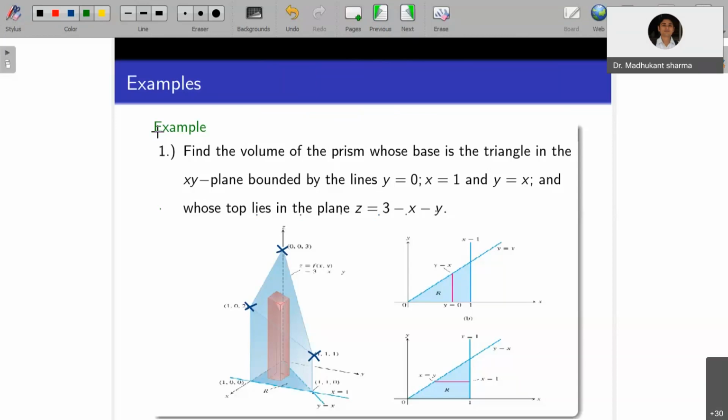We saw how to find the volume of a prism whose base is a triangle bounded by these lines, and whose top lies in the plane z equals this. We also tried to find out how to design this prism, and how to find all the three corner points.